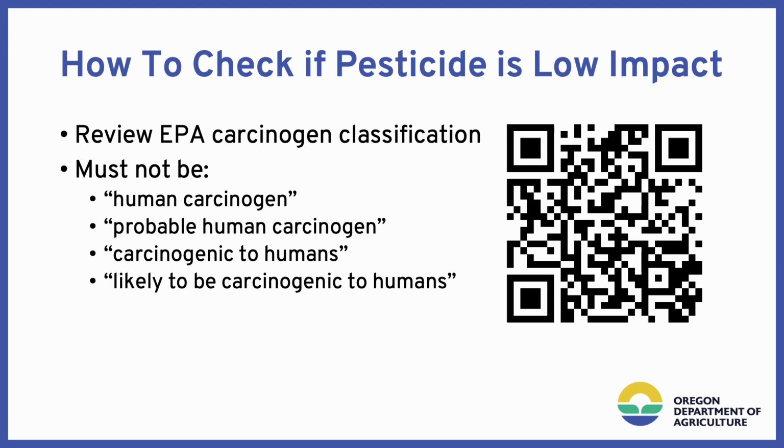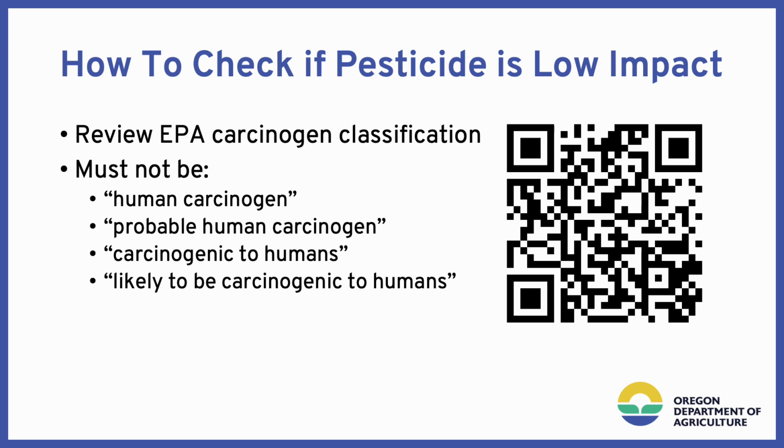ORS 634.705 subsection 5 states that products with active ingredients classified by EPA as carcinogenic to humans, a human carcinogen, a probable human carcinogen, or likely to be carcinogenic to humans do not qualify as low-impact pesticides.